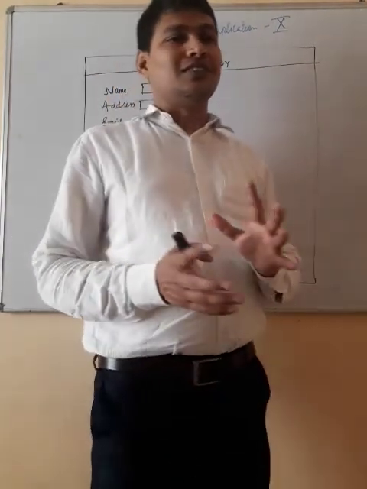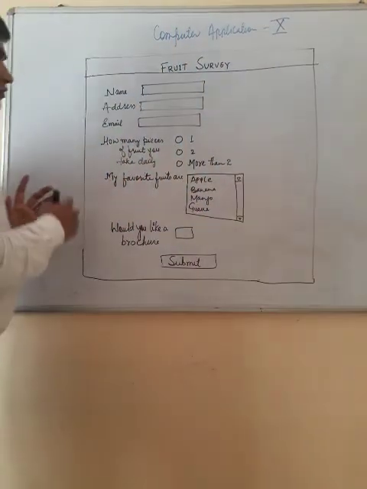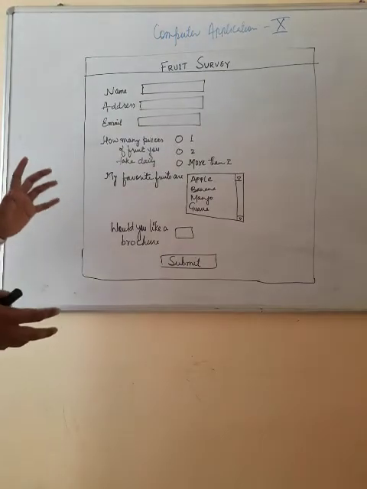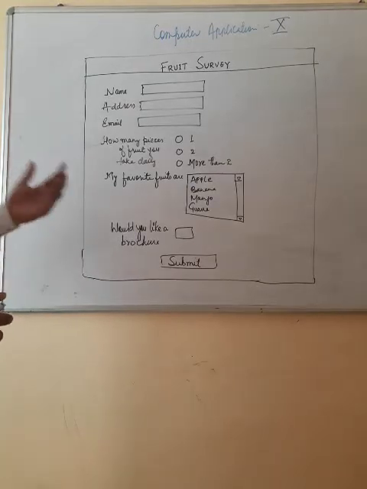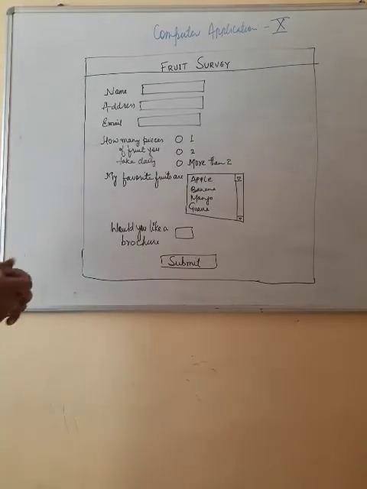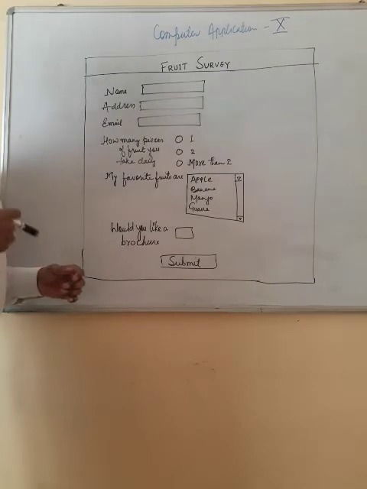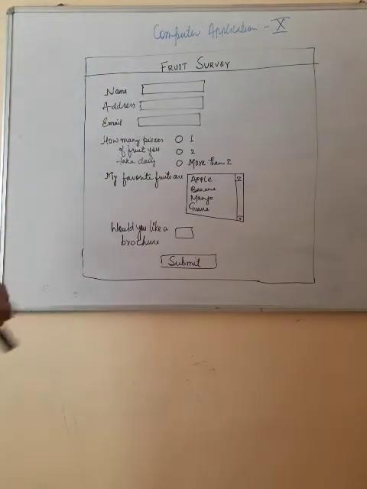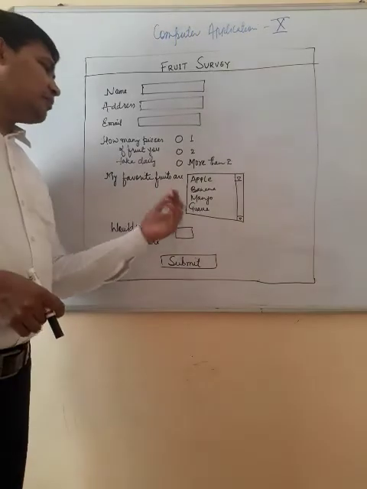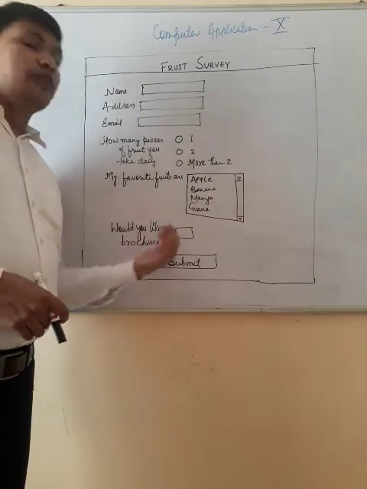and today you can see on the board I have drawn a complete form that contains a number of things that are related to the topics that I discussed in the previous class. I discussed the different components of the form.